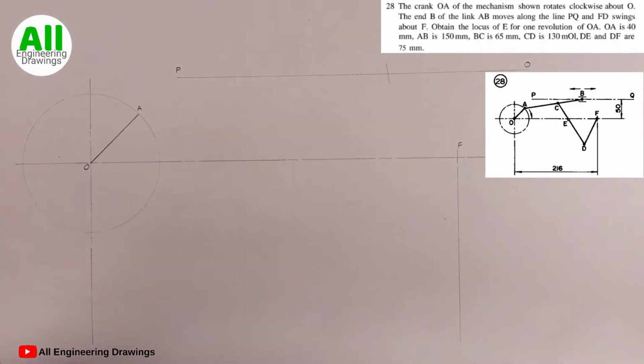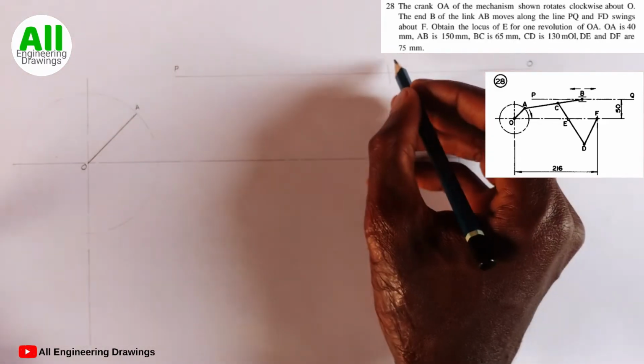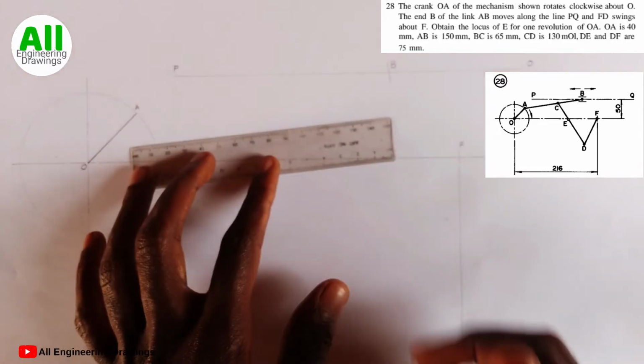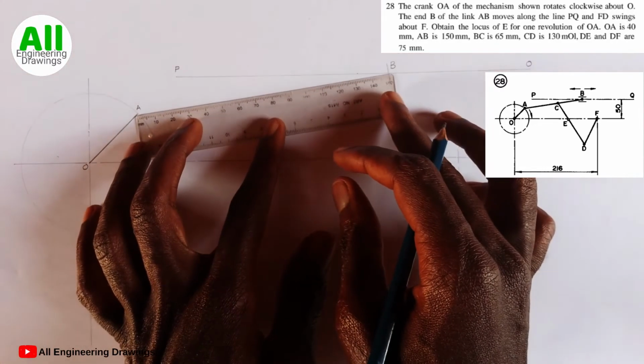The point where the arc intersects PQ, I will label point B. So that is our point B. I will draw a line joining point A and point B. This line should also be bold.